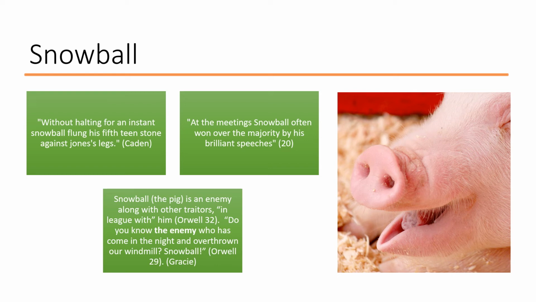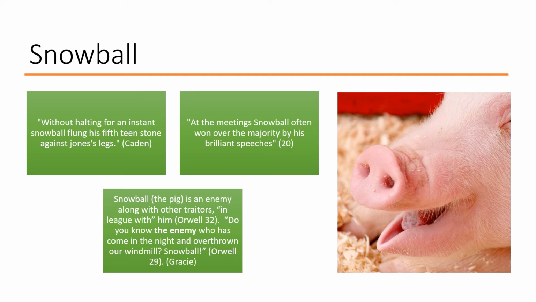He led in the Battle of the Cowshed, and you know that later Napoleon twists the information to say that he had actually instigated it and was fighting against the animals. "At the meetings, Snowball often won over the majority by his brilliant speeches." So, a gift of rhetoric. Sometimes people who are very persuasive have good reasons. Sometimes they're simply manipulative.